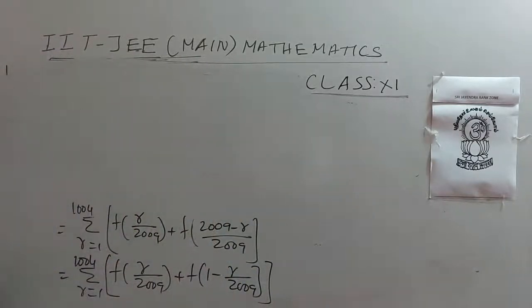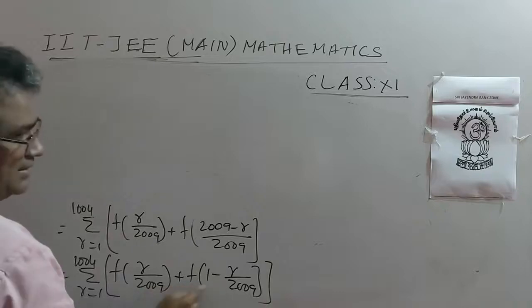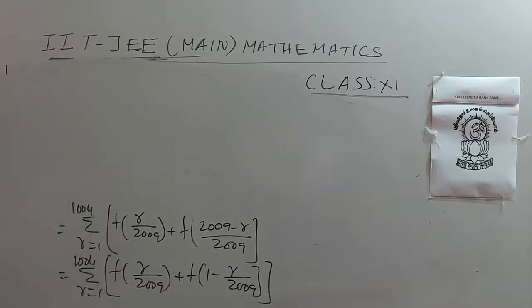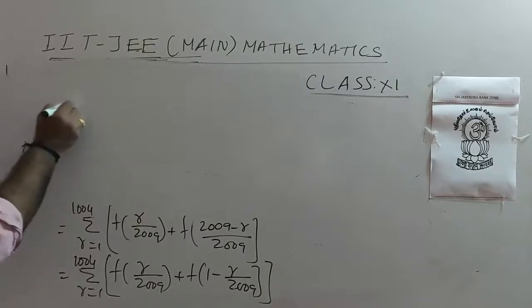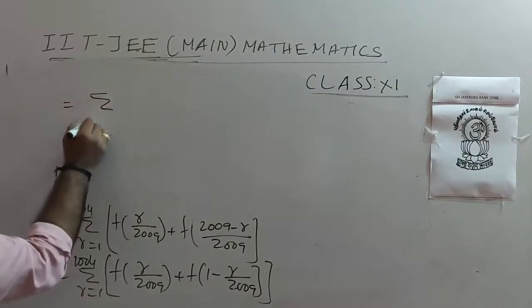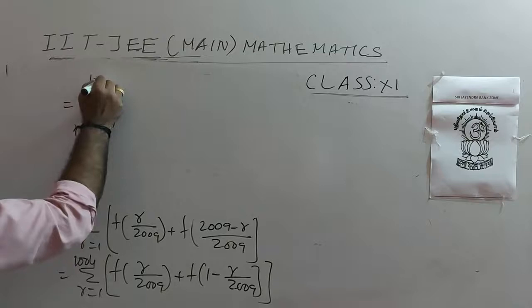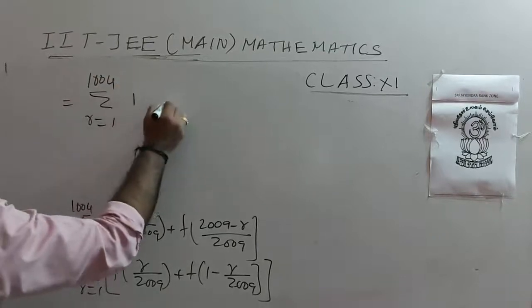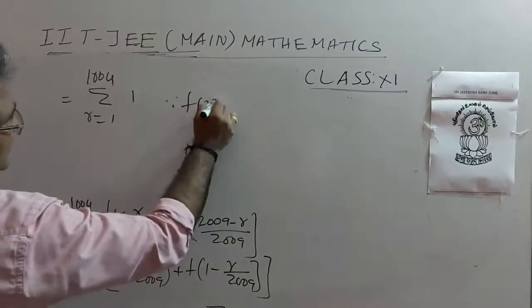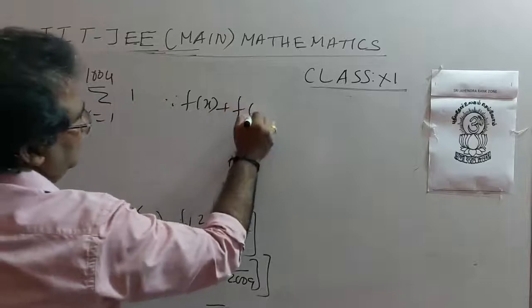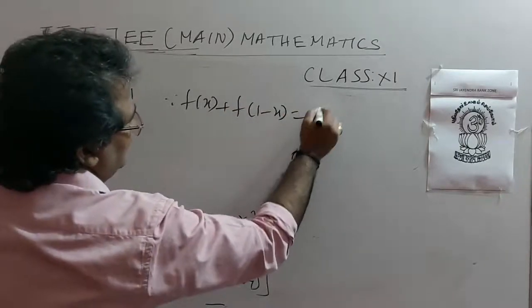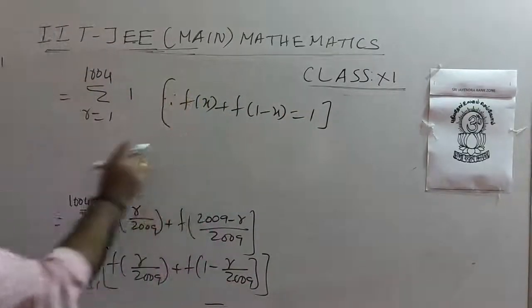So observe, this is x, this is 1 minus x, and f of x plus f of 1 minus x equal to 1. This equals summation r equal to 1 to 1004 of 1, since we have derived this result.